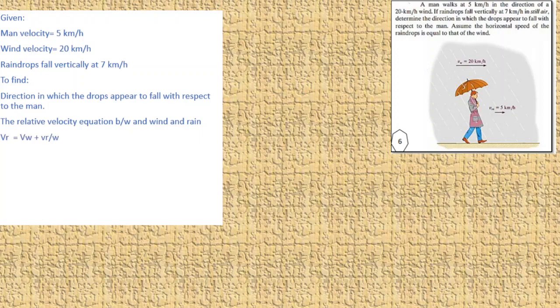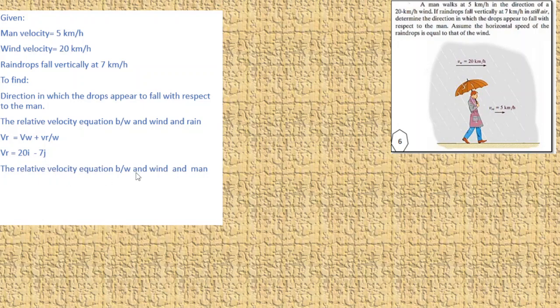The relative velocity equation between the wind and the rain is: V_R, the velocity of rain, equals the velocity of wind plus the velocity of rain with respect to wind. Then we can simply substitute the values, which gives 20i minus 7j, so the velocity of rain is 20i minus 7j.